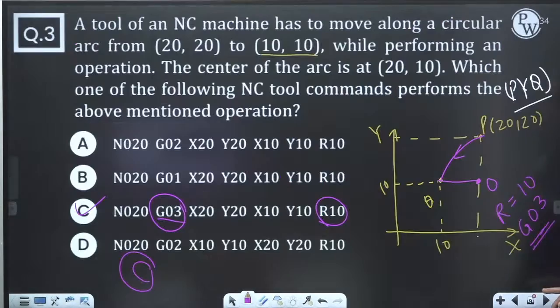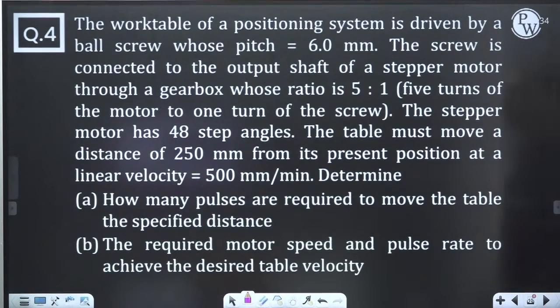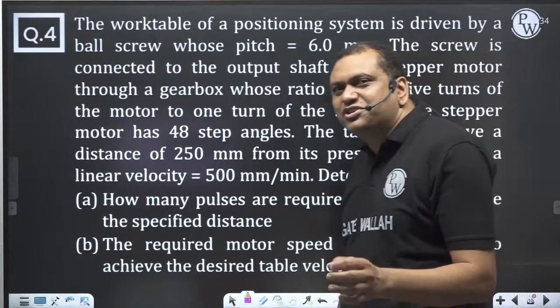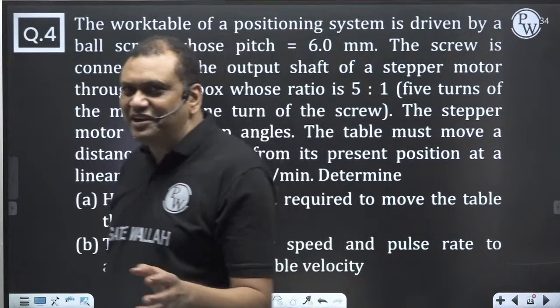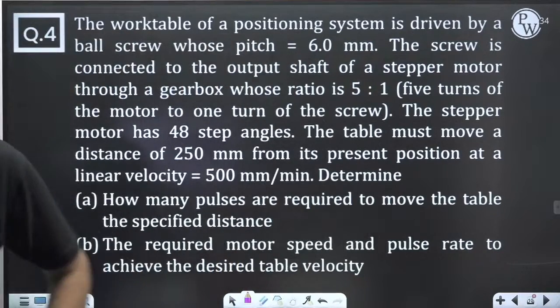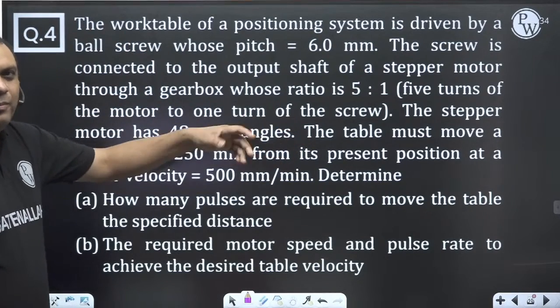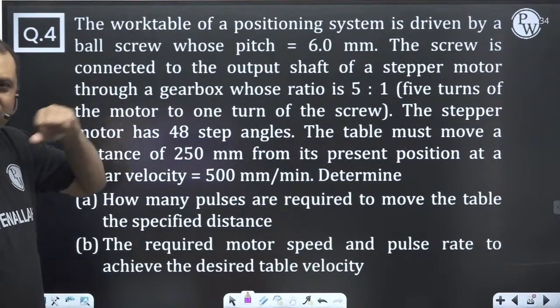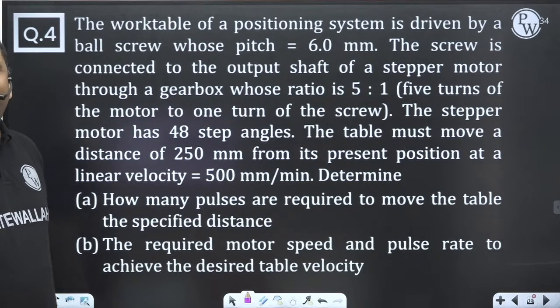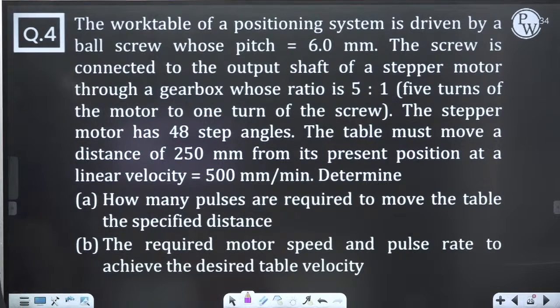By the time, I will see the next problem. Fourth question onwards, we have some good quality, difficult questions. So we are continuing our automation, but if you have any doubt, please let me know in the chat box.